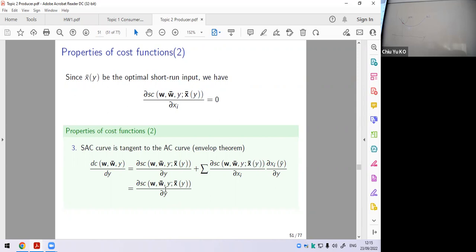And you will have the same for fixed factor, but you have to differentiate for each fixed factor, right? And the factor in the short run that's optimal, this is 0. So what you are left with, that's why they are tangential to each other. Okay, so that is the proof for that.